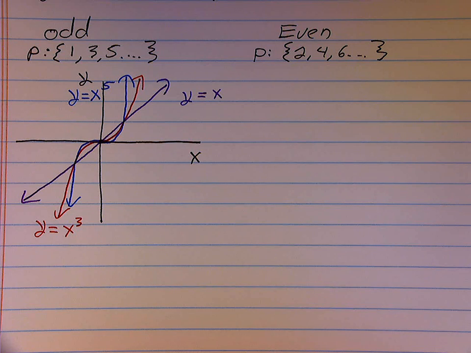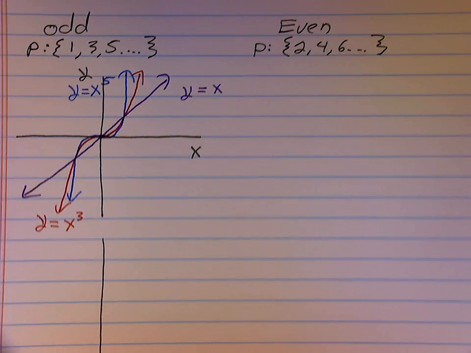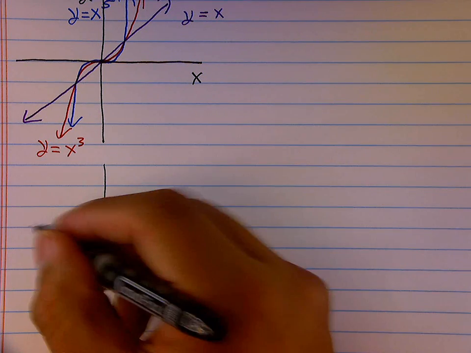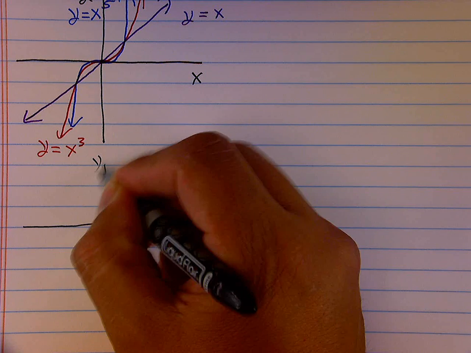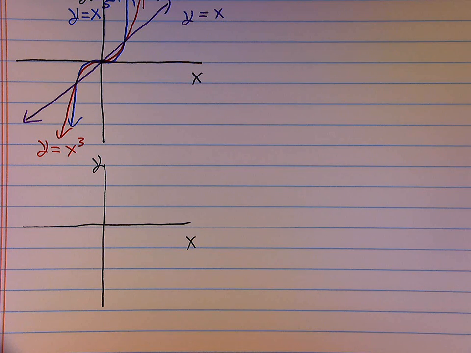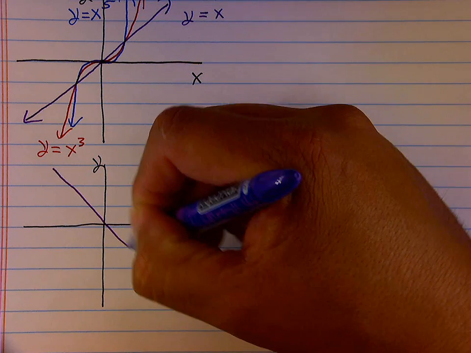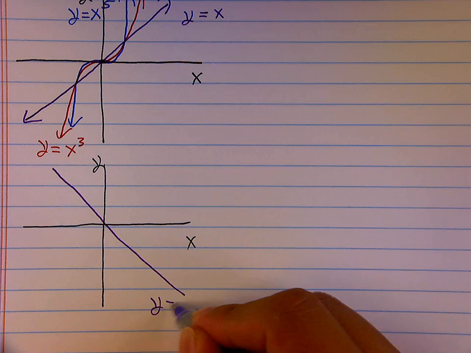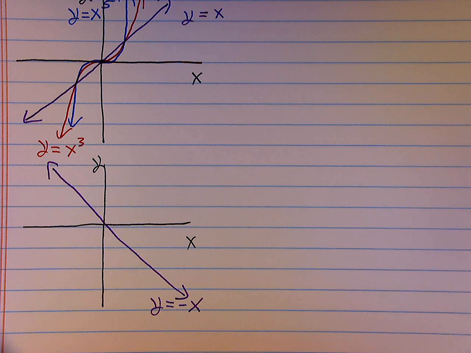If I take a look at the power functions, the odd power functions, when my constant of proportionality is negative, such as y equals negative x. We know what the graph of y equals negative x looks like.